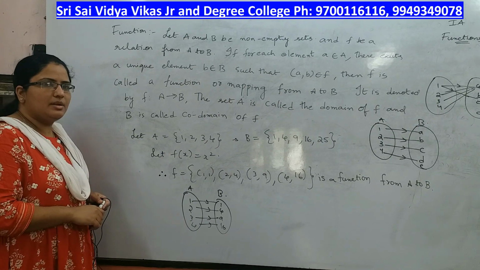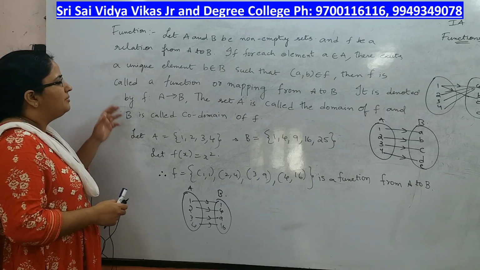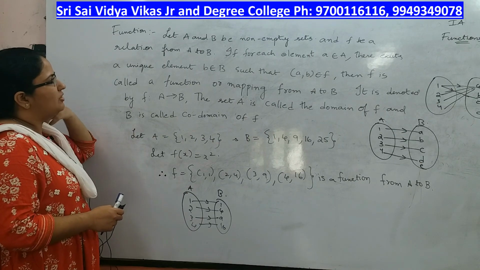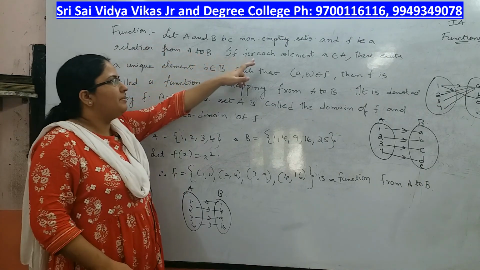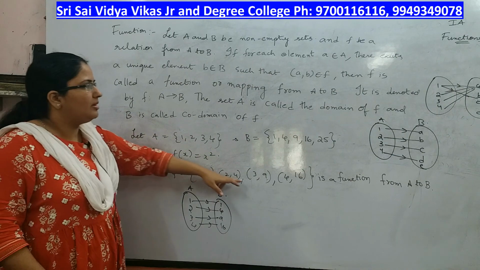So that's about this definition of function. Let us discuss some problems based on functions. Before that, let us see what is the definition of function. Let A and B be any two non-empty sets and F be a relation from A to B. Relation means a set of ordered pairs.